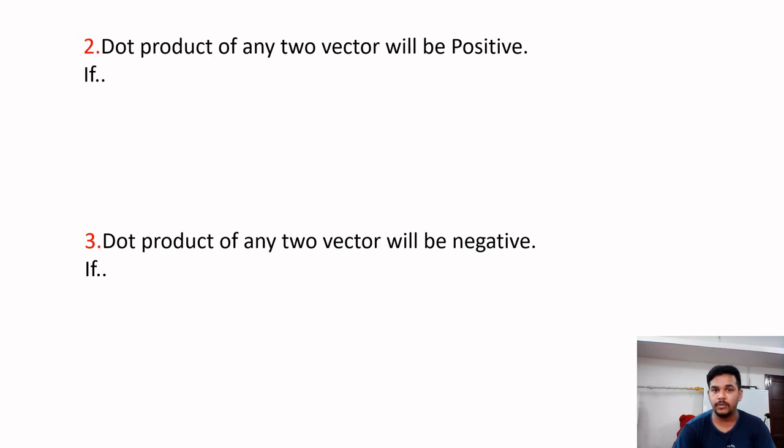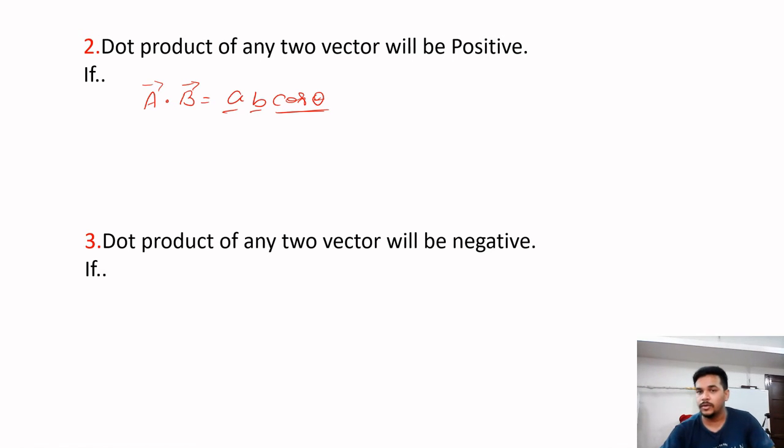Dot product of any two vectors will be positive if, for any general vector, let me write again, a dot b, it is mod a, always positive, mod b, always positive, cos theta. Here mod a means the magnitude of a, which is always positive, and the magnitude of b is always positive. So positive or negative will totally depend upon the cos theta value.